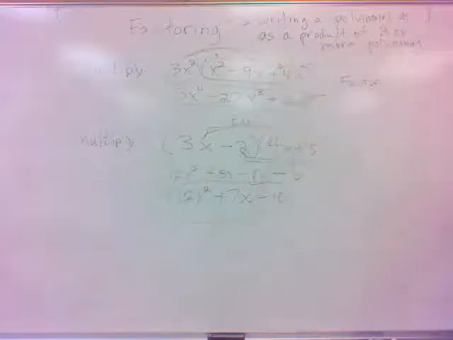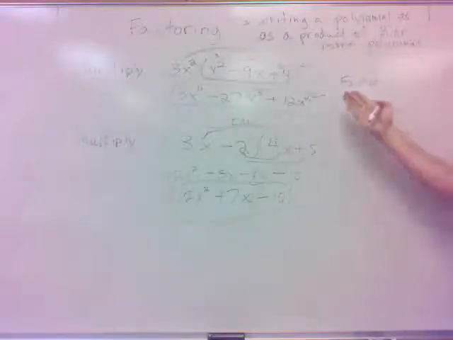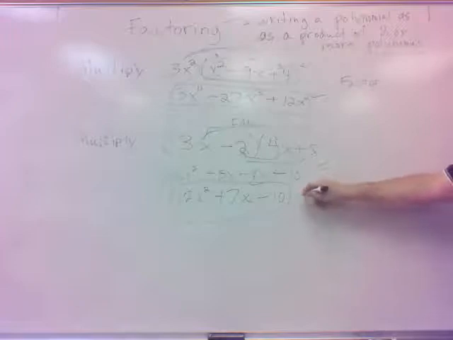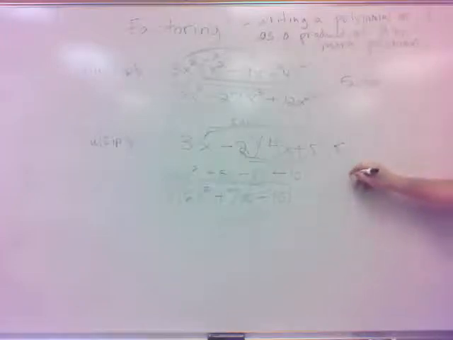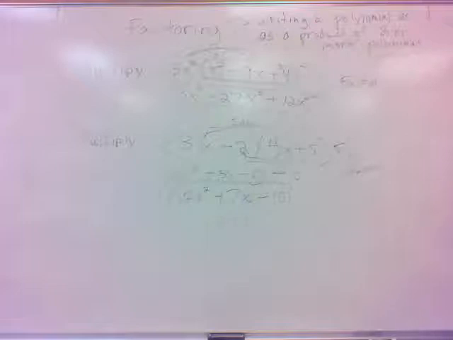And so that's what I would get if I factored this polynomial. Or if I factored this polynomial, then I would get that. So my point is, the process is the reverse of multiplying. Factoring is the reverse of multiplying. It's unmultiplying, if you will.